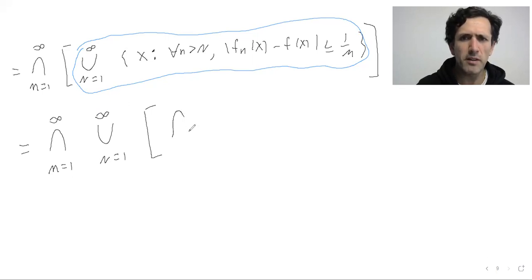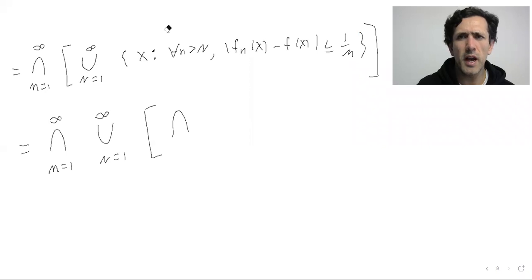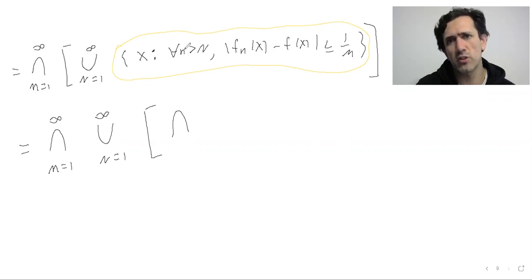So last but not least, I will write one single bracket. I want to finally write this in terms of an intersection. Well, x is in this yellow set if for all n bigger than big N, and that means natural numbers, of course.